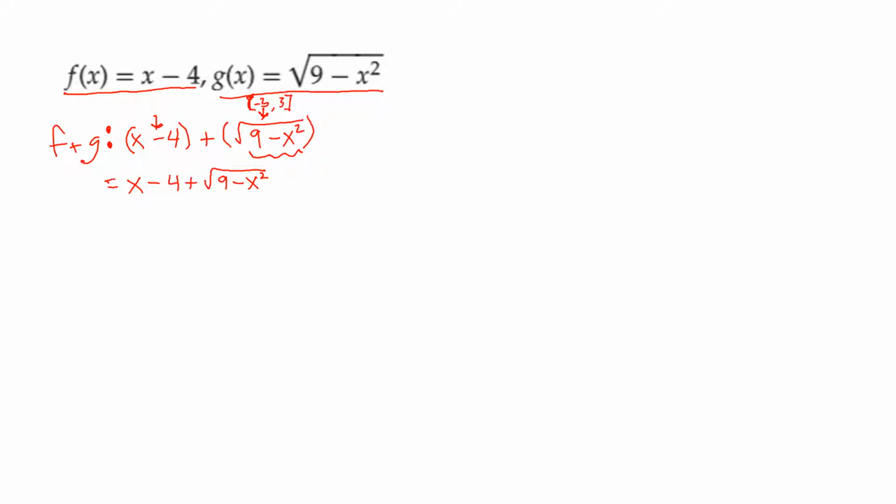Because if I go anything higher than 3, my negative is more, and then this is not defined in the real numbers. So even though this part of the function is defined everywhere, this one is not. So my domain is only going to be defined from -3 to 3 because it's restricted by this square root. Remember, we're only after real numbers.